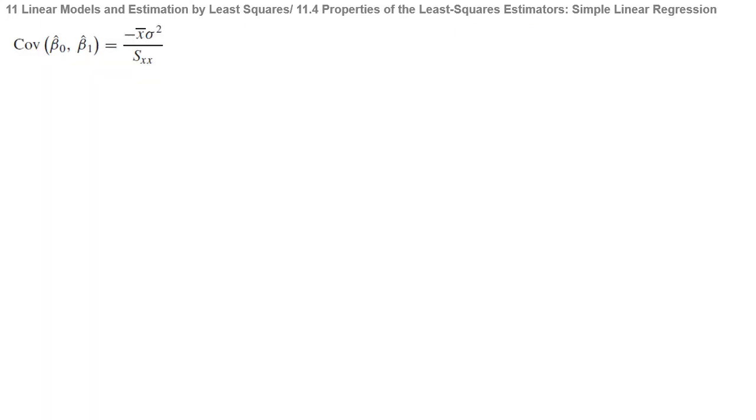The next derivation is the covariance of beta 0 hat and beta 1 hat. Here we know that beta 0 hat is y bar minus beta 1 hat x bar, and also beta 1 hat is 1 over Sxx times the sum of xi minus x bar times yi.